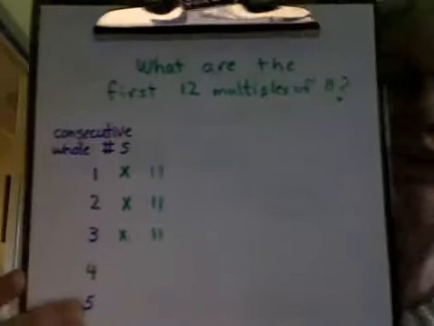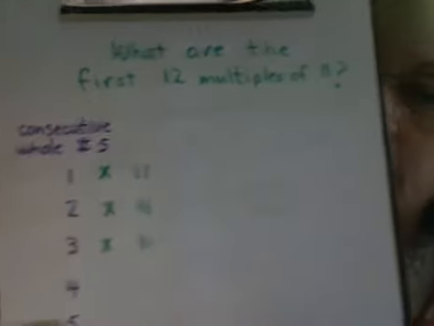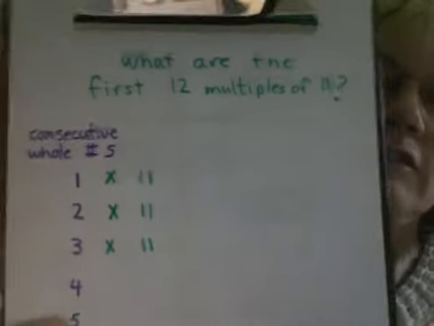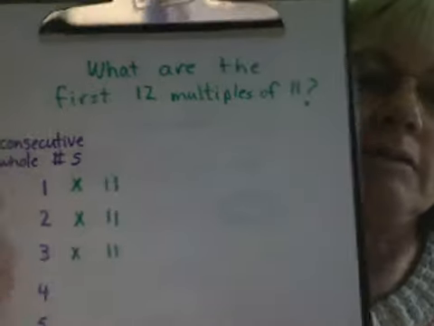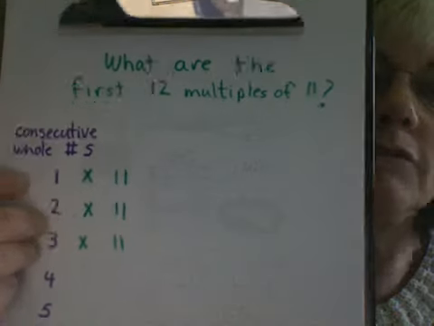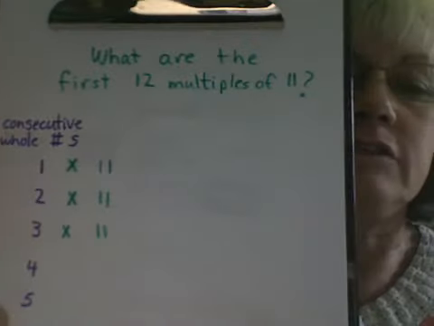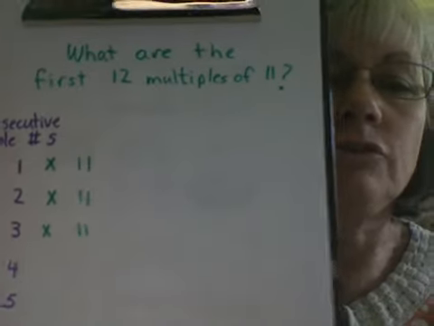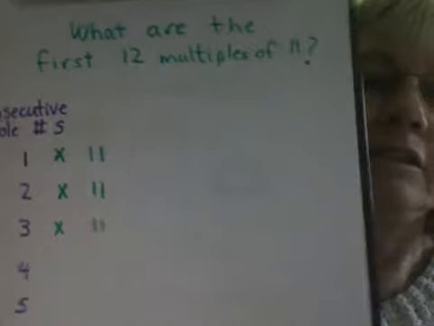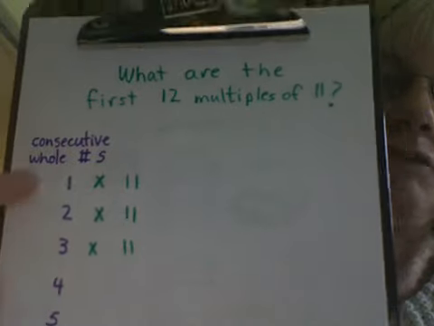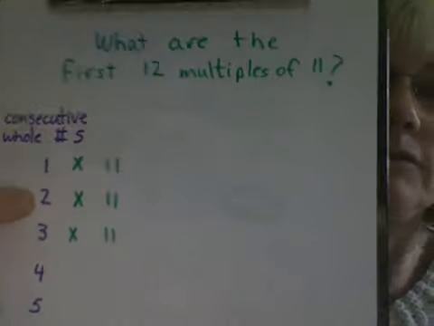Okay, I have fleshed out part of this chart that I've started, finding the multiples of 11, and I've written some multiplication equations. Starting with one group of 11, we know the answer to that, it's 11. Two groups of 11, hopefully you figure that out, that is 22.